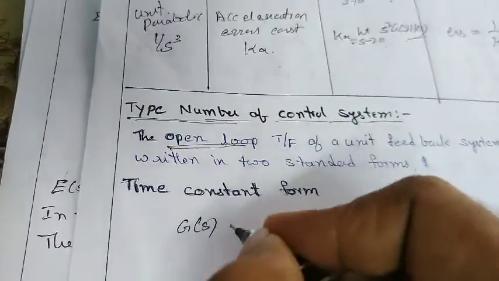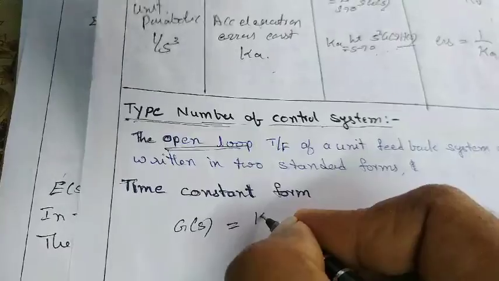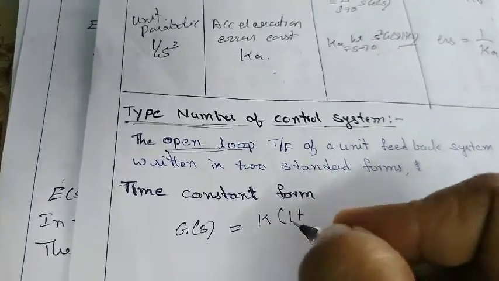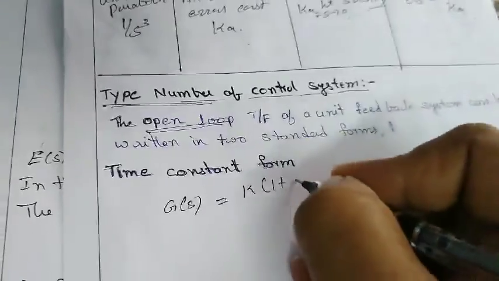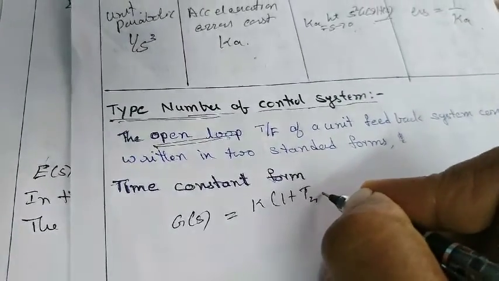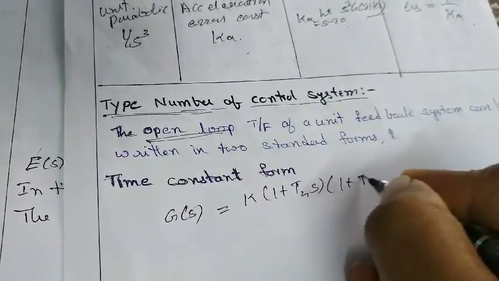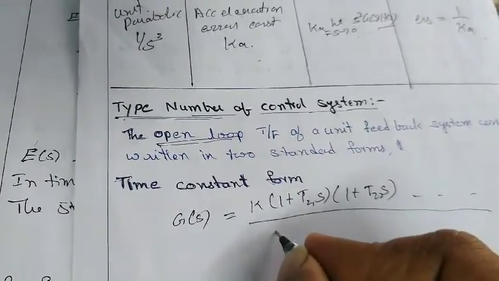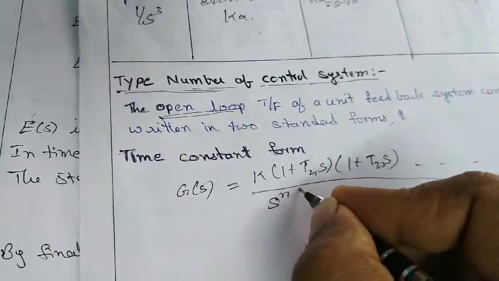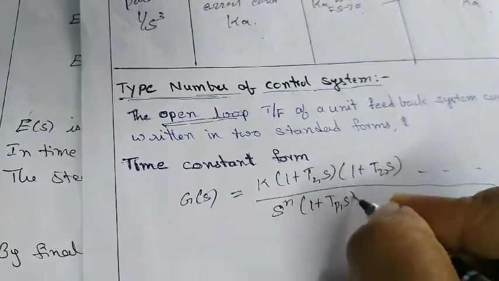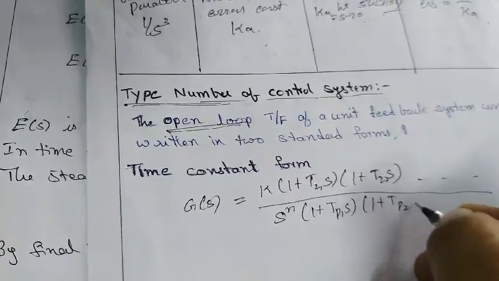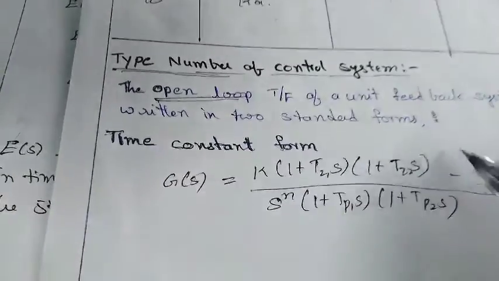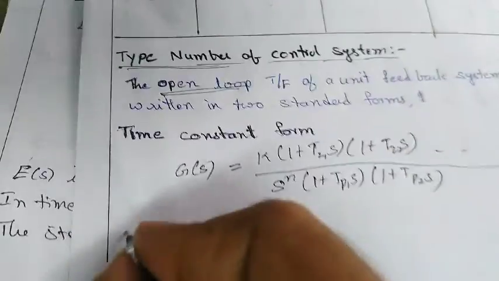So g of s is equal to K times (1 plus Tz1 s)(1 plus Tz2 s) and so on, divided by s power n times (1 plus Tp1 s)(1 plus Tp2 s). This is the time constant form. One more is there, that is the pole zero form.